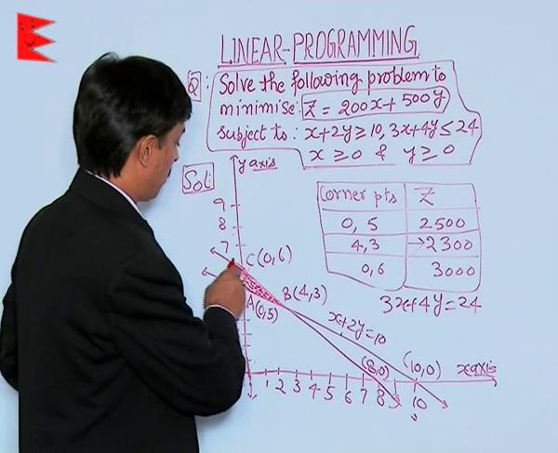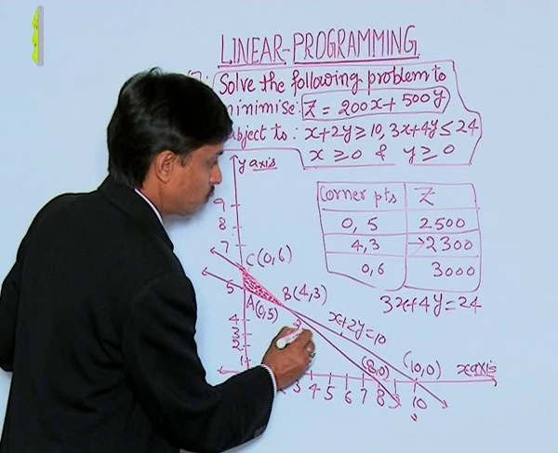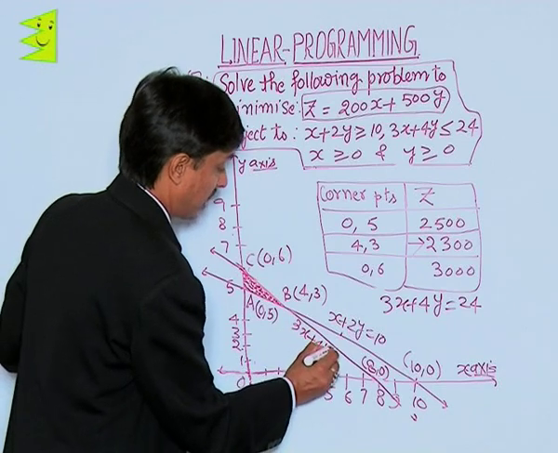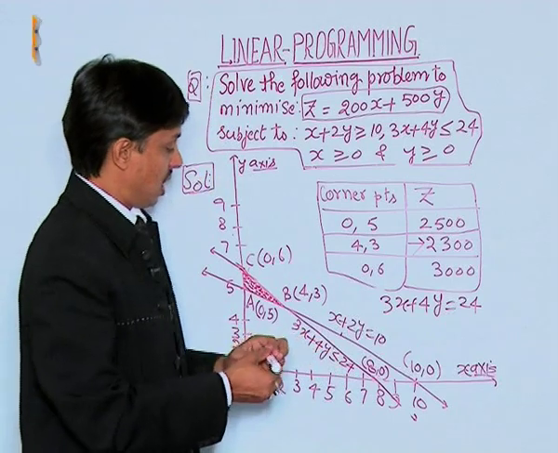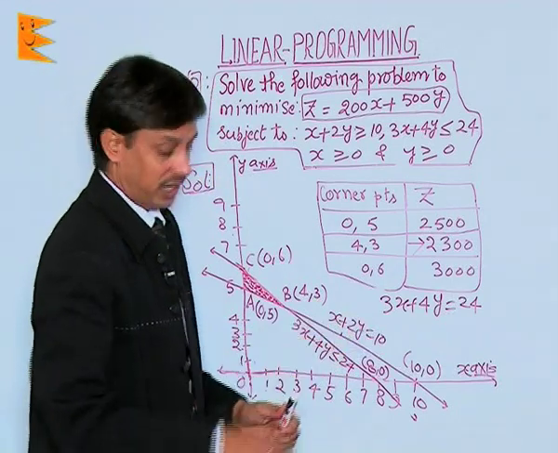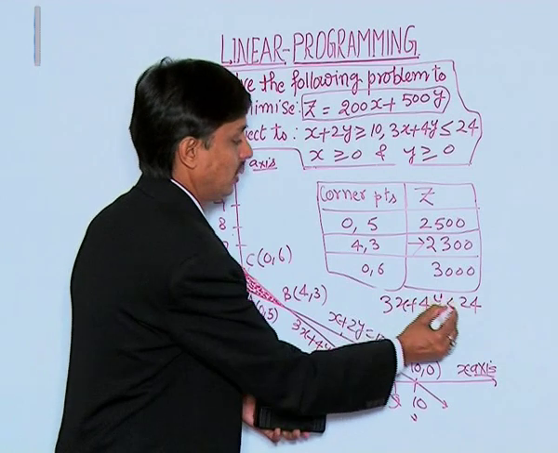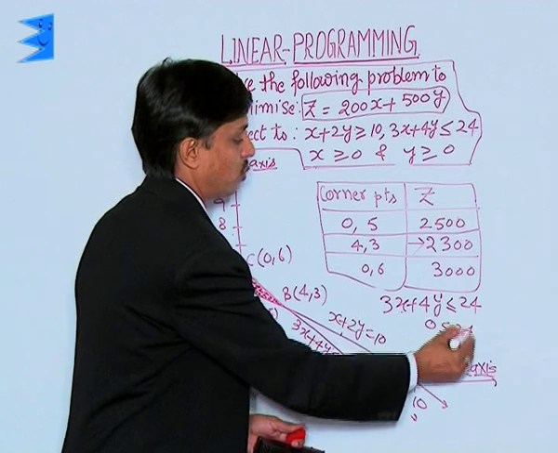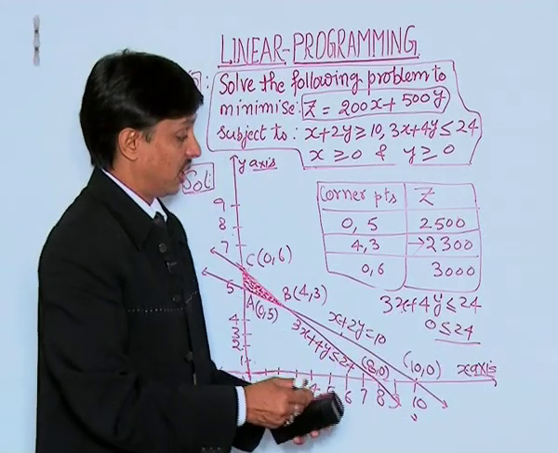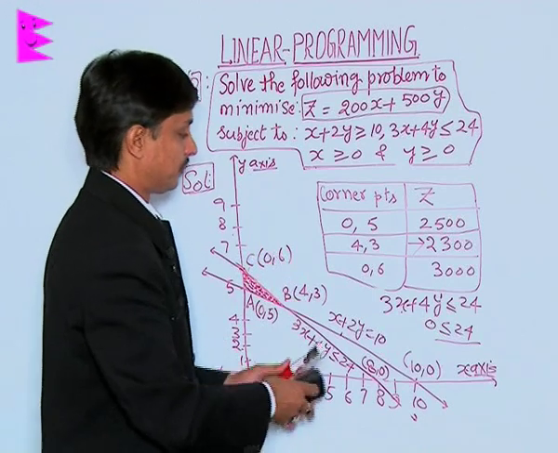So with the help of this, this is drawn, and this will be 3x plus 4y less than or equal to 24. Now to check its shaded part, we take the inequality as given, and if I take x as 0, y as 0, then 0 is less than or equal to 24. A correct statement. It means that its shading will be toward down.